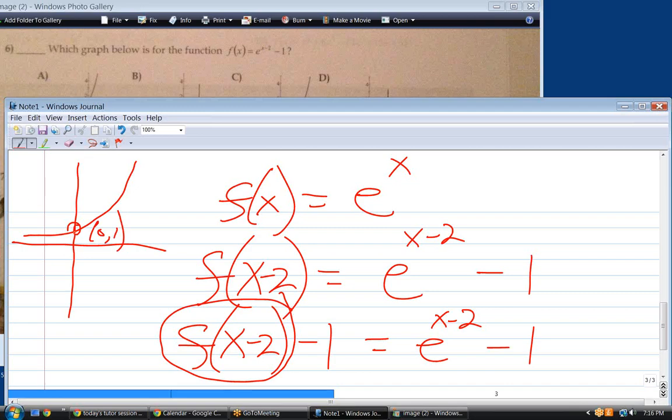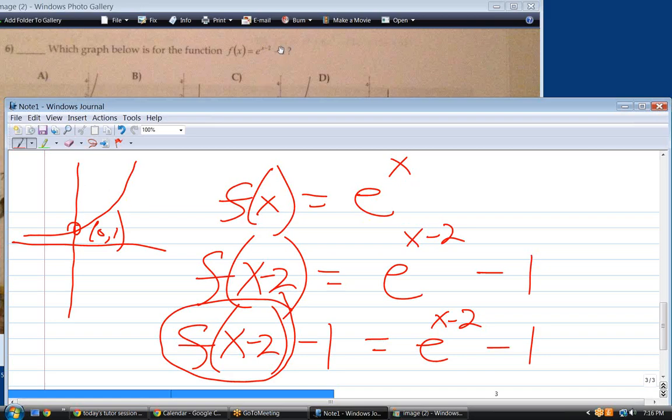In the e to the x function, do you have a horizontal asymptote? Yes. Is it at 0? Yes, it's y equals 0.